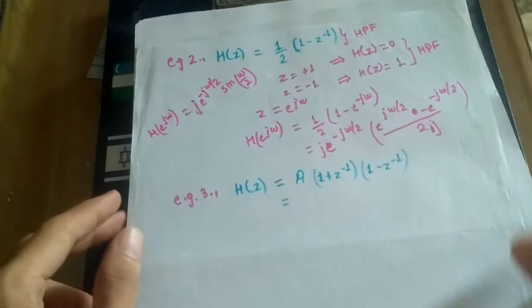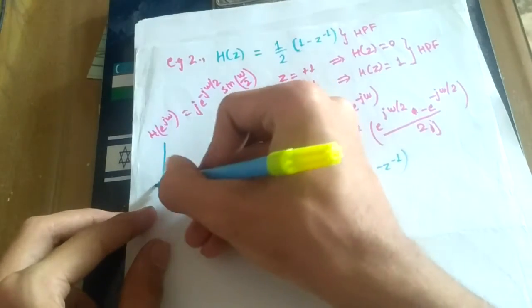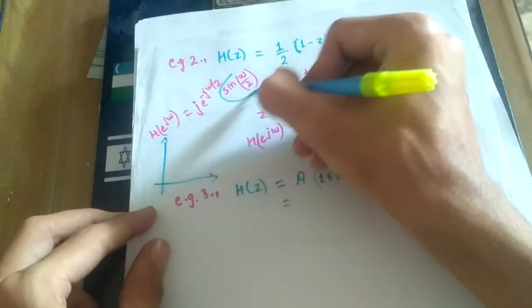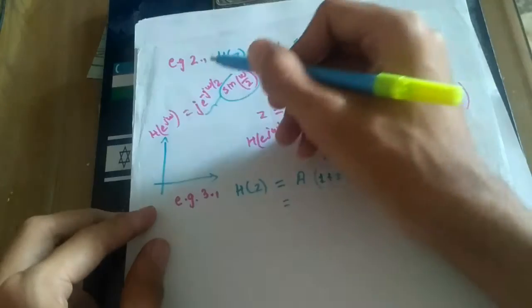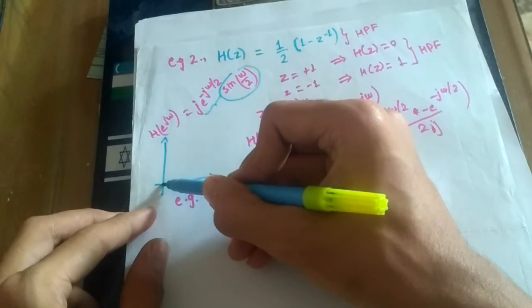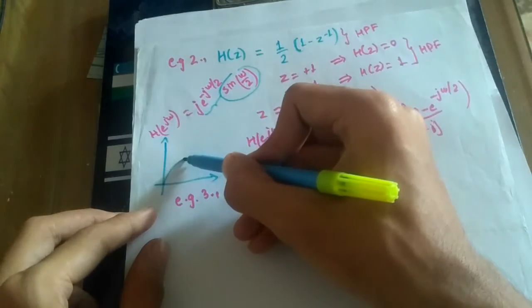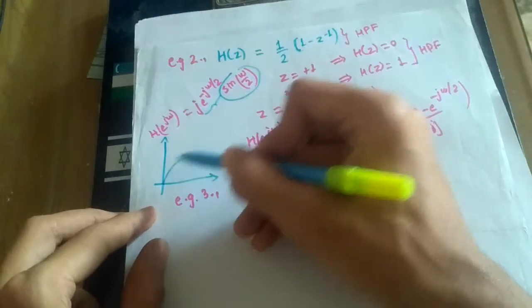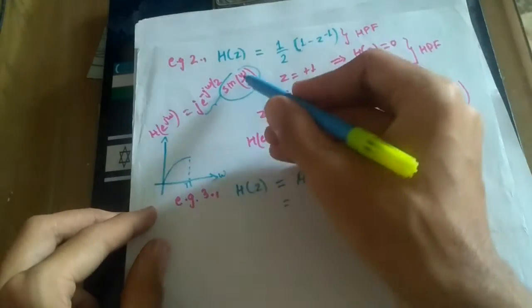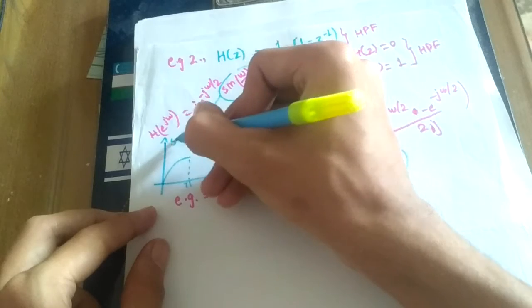If I want to plot the graph, clearly you can see this is the magnitude part and this is our phase. Since this is a sine function, as we all know, it will start from 0, and at omega equals pi our magnitude is sine omega by 2.